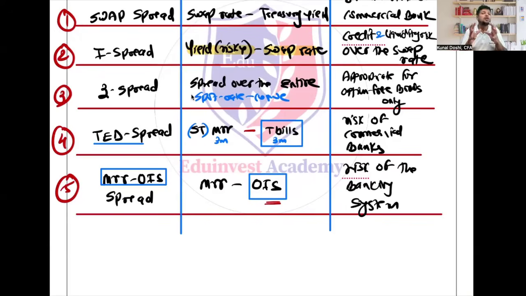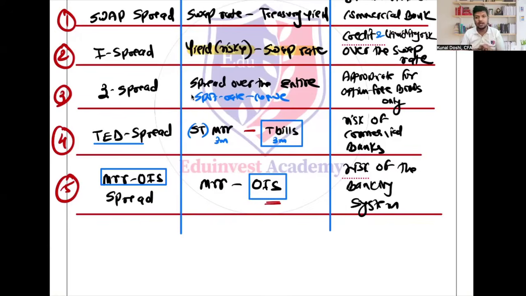And in both cases, why are we calculating both the spreads? We are calculating both the spreads to understand the risk in the banking industry or banking sector. Why is that so? Because banks are the ones who borrow at MRR, or who use OIS. Understood? Just to inform you, OIS, overnight index swaps, is the interest on unsecured overnight lending between the banks.